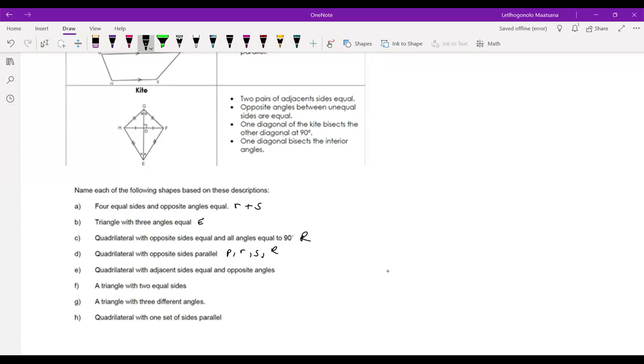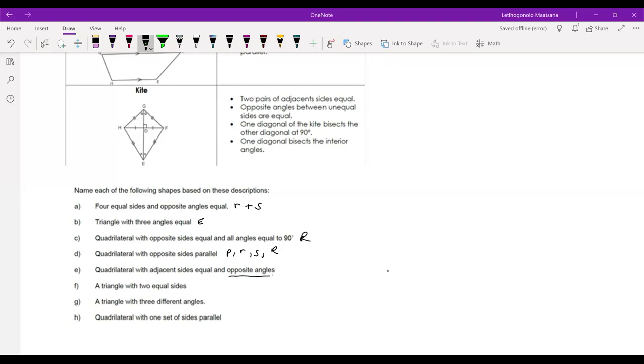Quadrilateral with adjacent sides equal and opposite angles, I believe the opposite angles should also be equal. I'm not quite sure here.